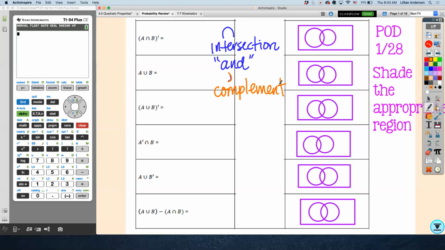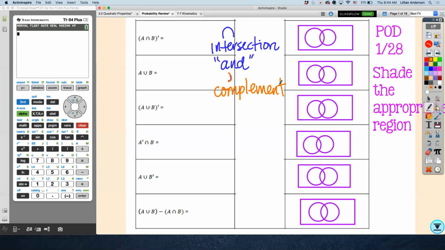What is a word that's used to represent complement, kind of like how "and" is used to represent intersection? Besides, that's a good one. Other, that's a good one.